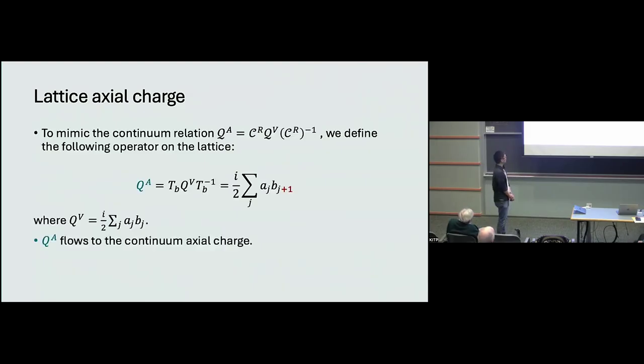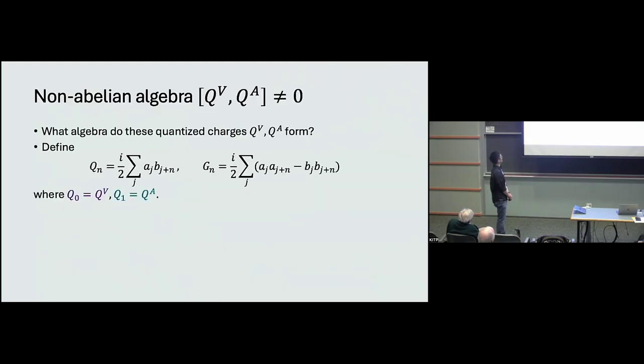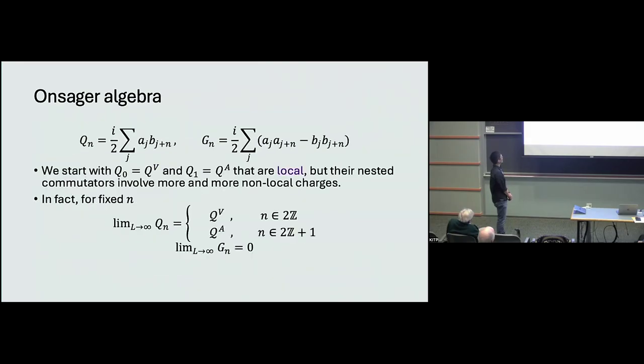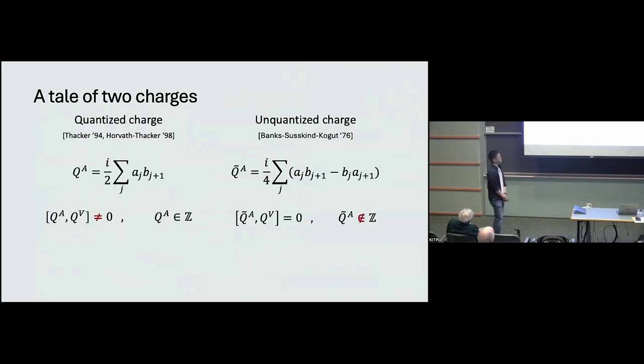Well, one reason I care is the following. When the charge is quantized, I can couple it to a compact U1 gauge field. So this one we can gauge, and we did gauge it, and you get a new kind of lattice chiral gauge theory. But maybe the interesting question you can further ask is, when you gauge U1A, what happens to U1V?